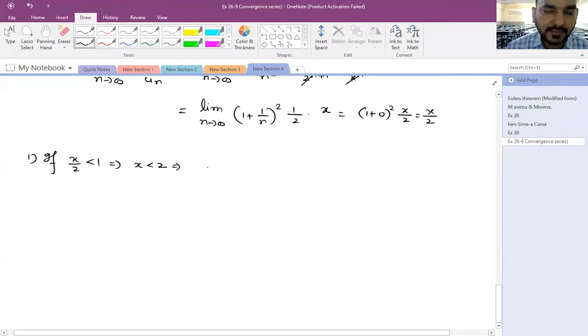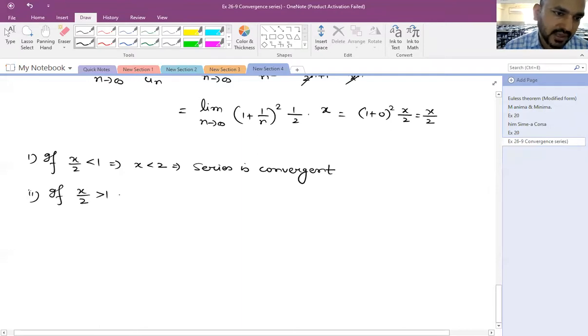This implies series is convergent. If x by 2 is greater than 1, that means x is greater than 2, implies that series is divergent.